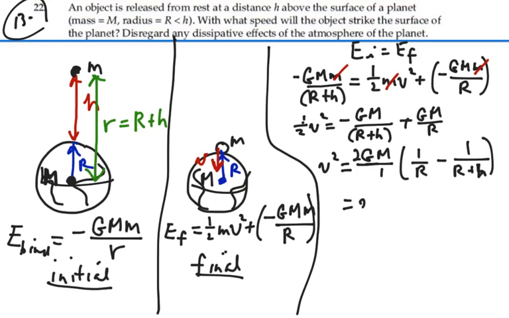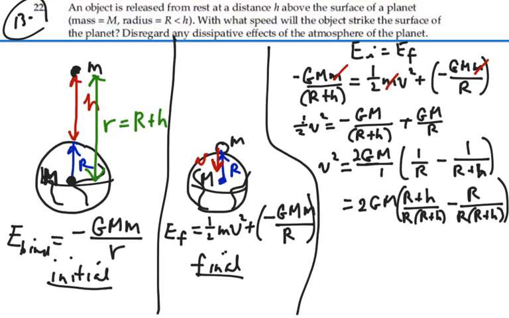So this is going to equal 2GM, and then multiplying 1 over R by R plus h over R plus h, I'll have R plus h over R times R plus h, minus, and then I'll multiply the second fraction by R over R, so I'm going to get R over R times R plus h. Alright, so now I have a common denominator.